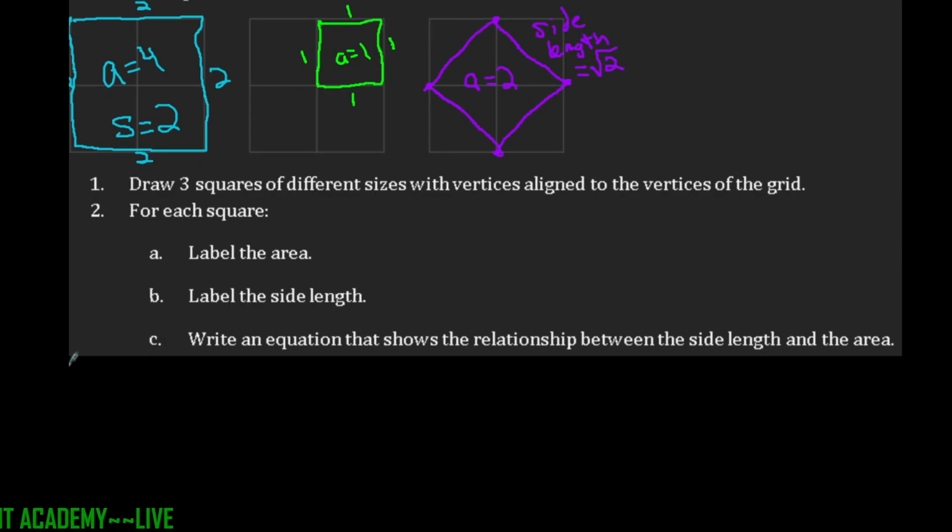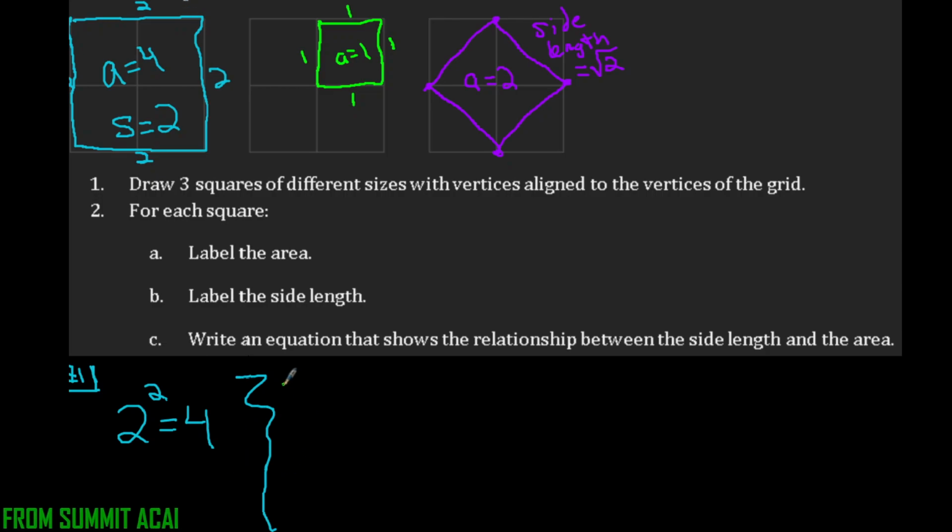So let's say for number 1, if I want to write the side length squared, I'm going to say the side length squared is just going to be 2 squared, which is equal to 4. For number 2, my second circle, my green one, is going to be just 1 squared, which is the same as 1.